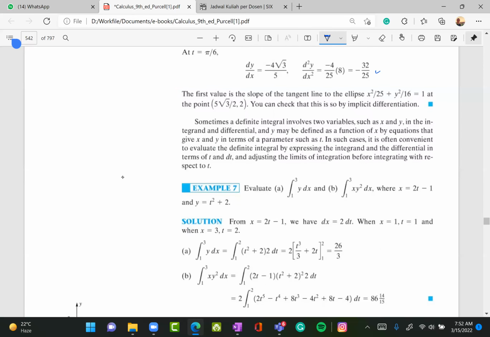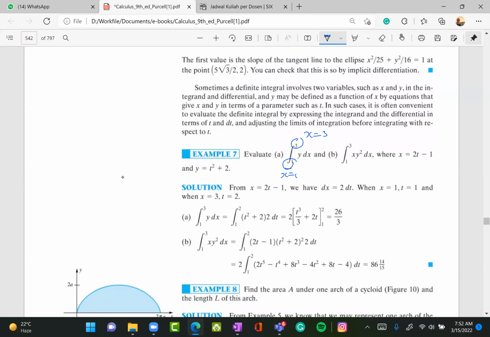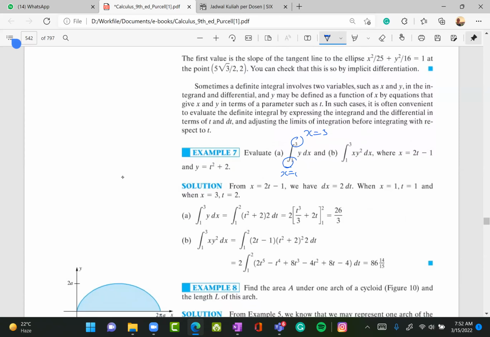Okay, here. Evaluate the integral of y dx. But remember, this is x equals 1 and this is x equals 3. So that's not t, but x. So somehow you have to replace the bounds in terms of t. For example, the integral of y dx is, let's see, this is still x.